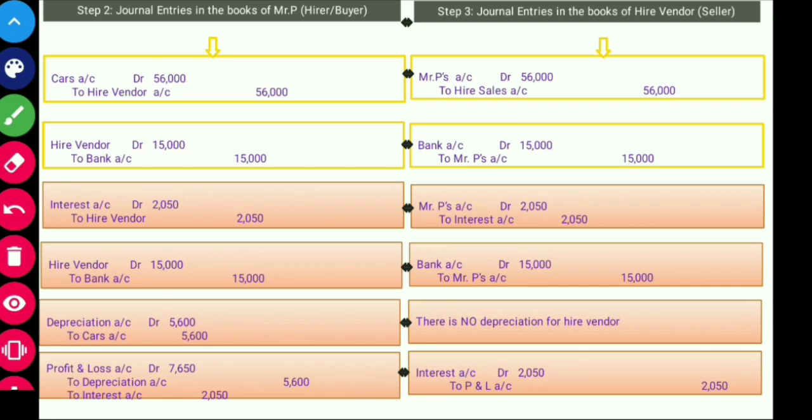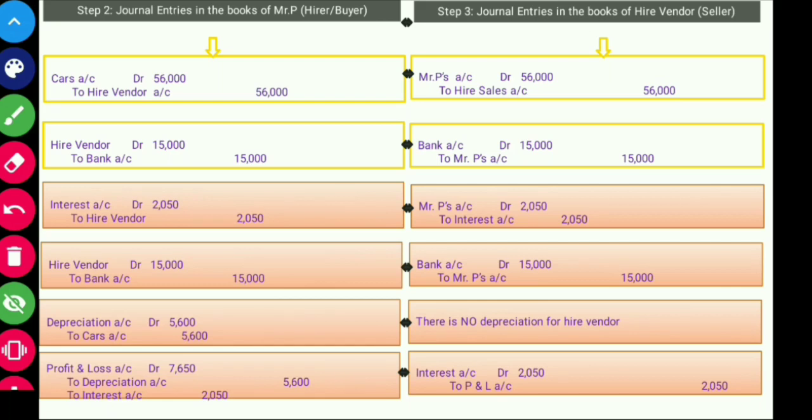In this sum we have 3 years of installments. So we have to prepare these 4 entries for all 3 years. Here we prepared only for 1 year. So try it at home, preparing for the remaining 2 years.